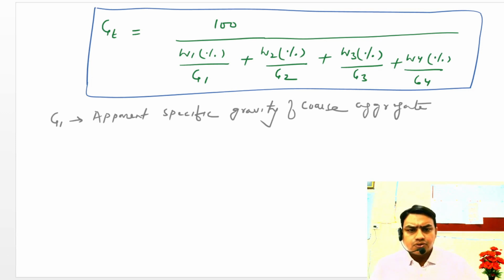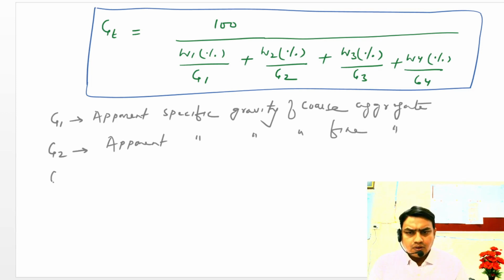Similarly G2 is the apparent specific gravity of fine aggregate.